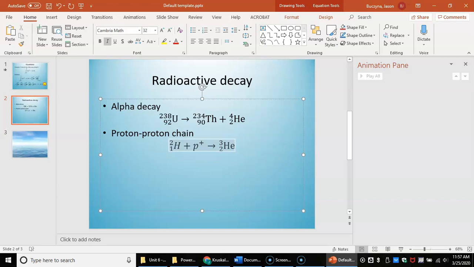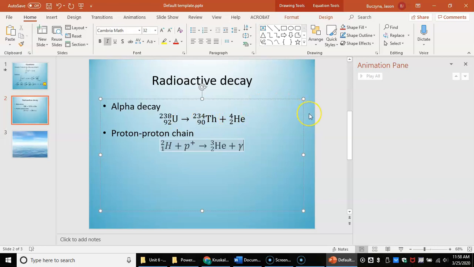The function key for the right arrow key is end, so that just got me to the end immediately, but plus a gamma ray, so backslash gamma. So you can also get that. So that's how you can do some of these nuclear reaction types of equations in chemistry as well.